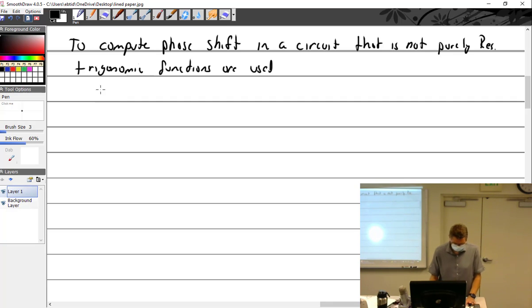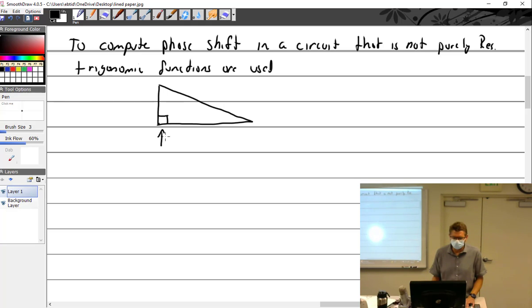Let's see. I want to abbreviate. One of the things I did in my notes, and I don't want to do, is talk about how to find sides. So in a right triangle, we know that angle 1 is 90 degrees.